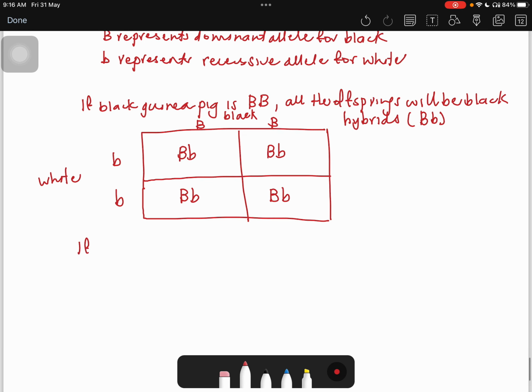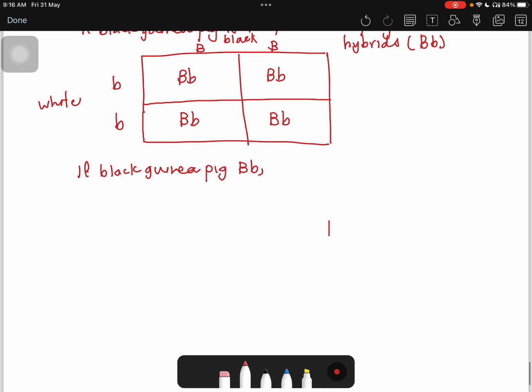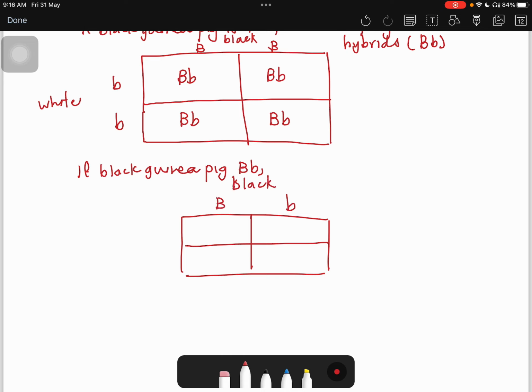The next case scenario is the black guinea pig is heterozygous. Same thing, illustrate with a Punnett square. Big B, small b, and then cross it with a homozygous recessive white pig. This is what you get.